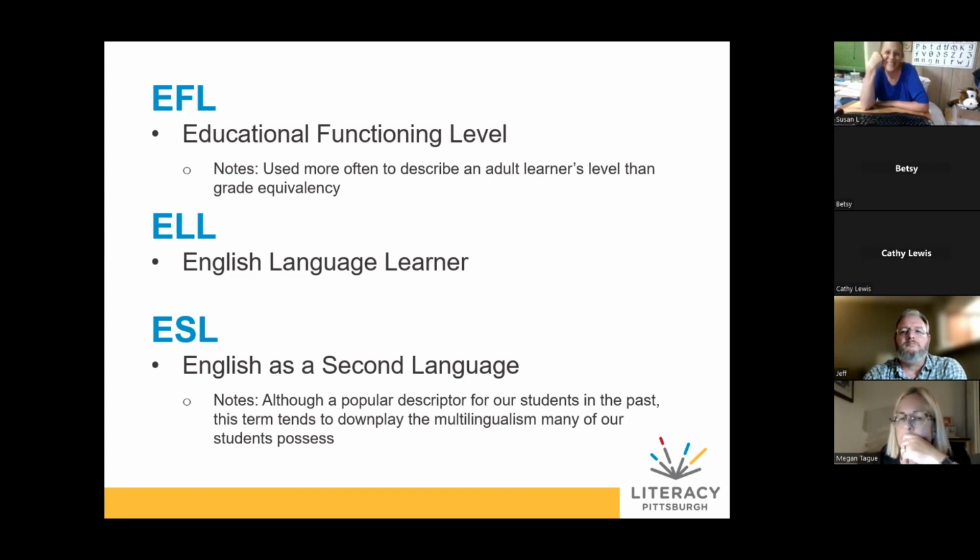So instead we use EFL, which makes it feel like they have more agency and more control, and like they're being treated as adults because they are. Is that a number or is that a description?